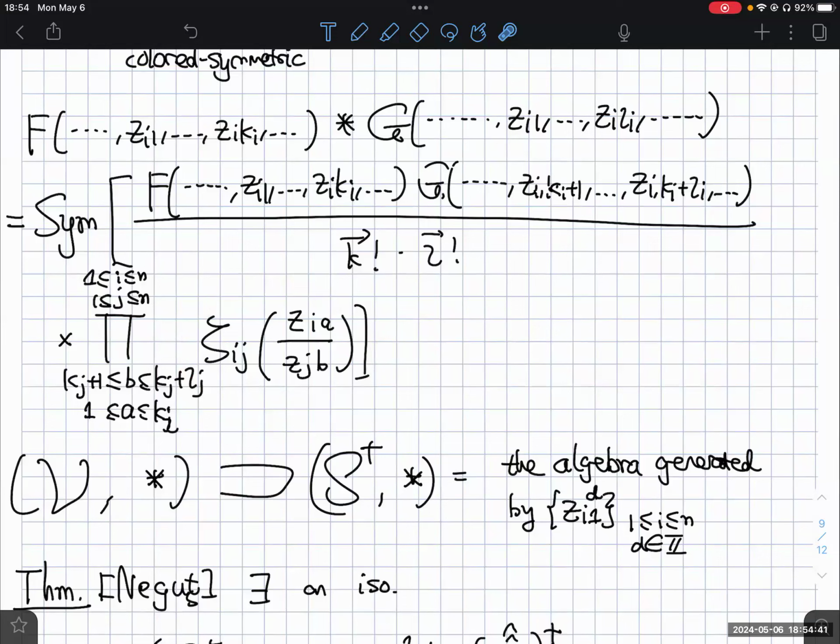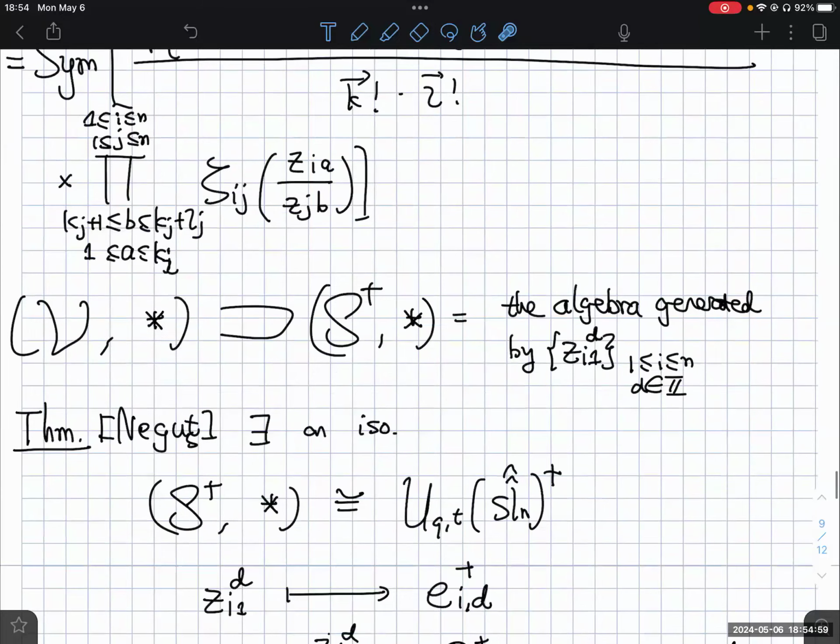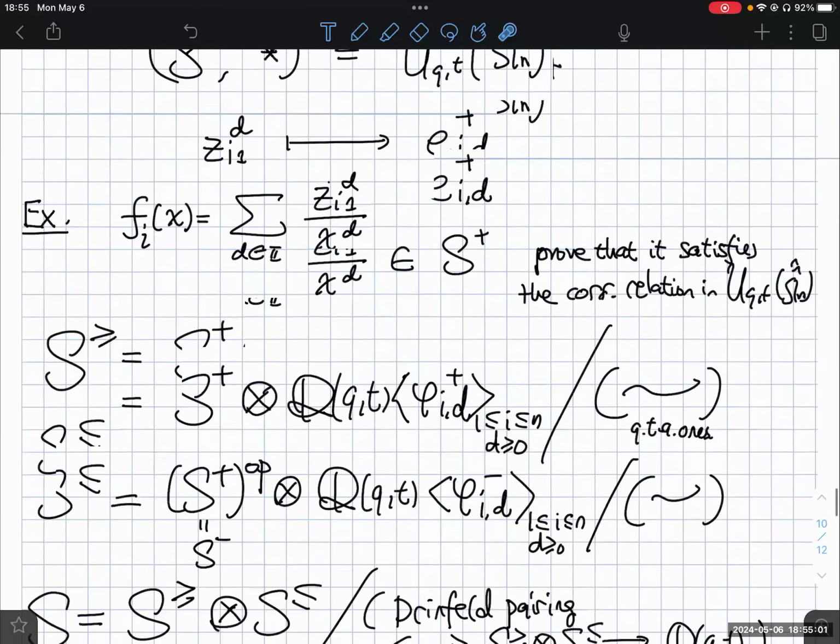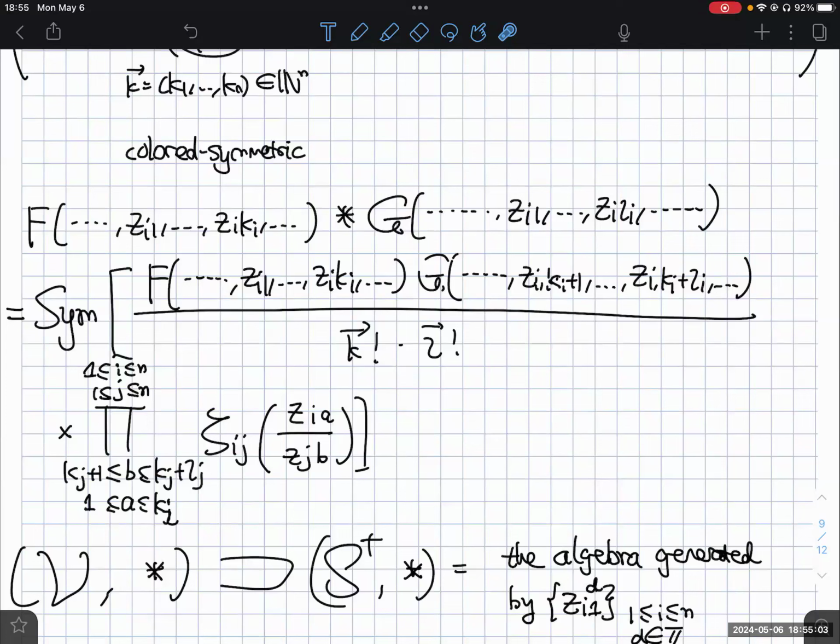It actually depends on the quiver. So in affine type A, we define some kind of zeta function. But for the other types of quiver, this twisted zeta function is a little bit different. And from this, you can see the shuffle algebra actually depends on the quiver.